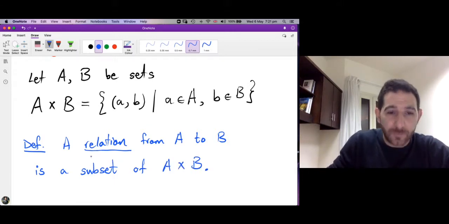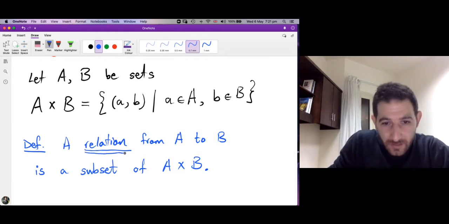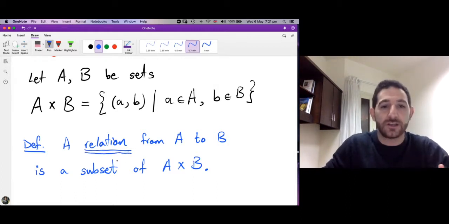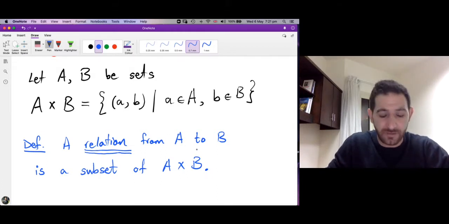So this is the important notion in this session, a relation. So a relation from the set A to the set B is just a subset of A cross B.